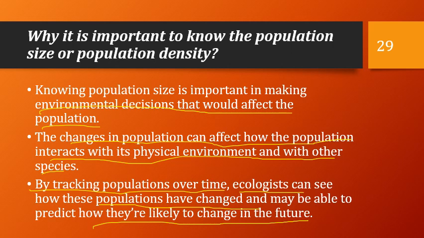So we cannot just neglect the species that are disappearing, because as we go back to the principles of ecology, they have a particular function, they have particular roles in our community or in our ecosystem to balance what we call the ecological equilibrium.